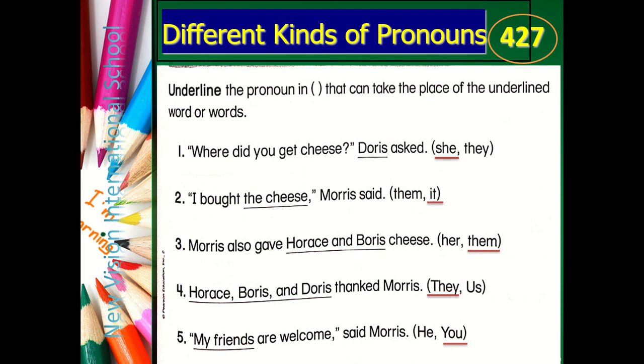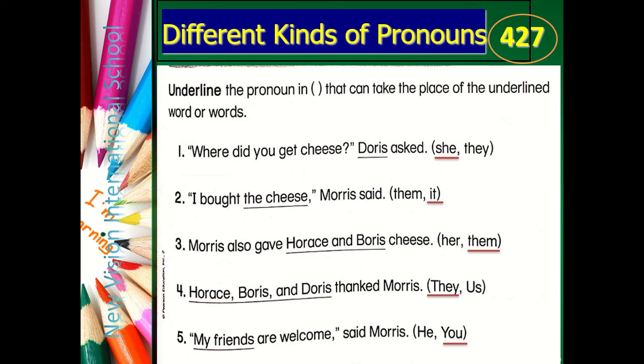Horace and Boris. So, what pronoun are we going to use? Them. That's the correct answer. We cannot use her because we are using here two nouns, Horace and Boris, right? Number 4. So, this is our subject.